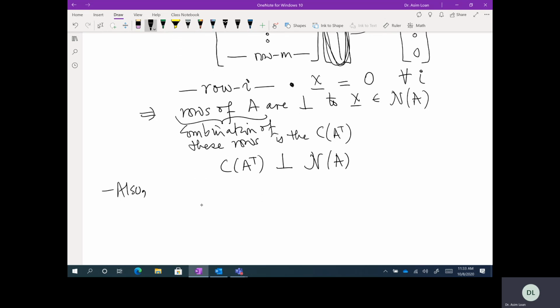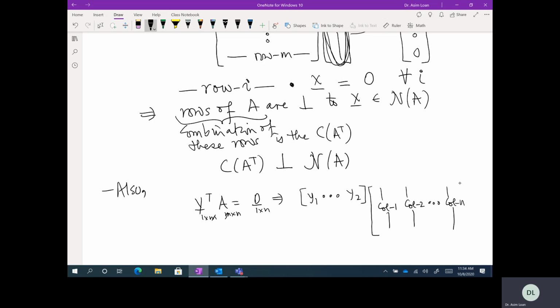Also, same approach. We have y transpose A = 0. So this y transpose is a row vector, 1 by m, and A is m by n. The m cancels, so this is 1 by n. So we have y1, y2, and so on, and then column 1, column 2, up to column n, because A is m by n, and this is equal to 0, 0.